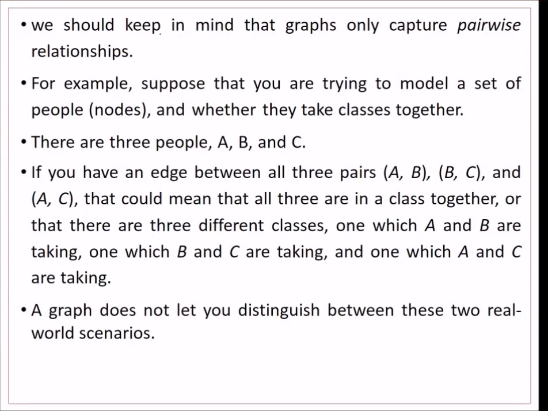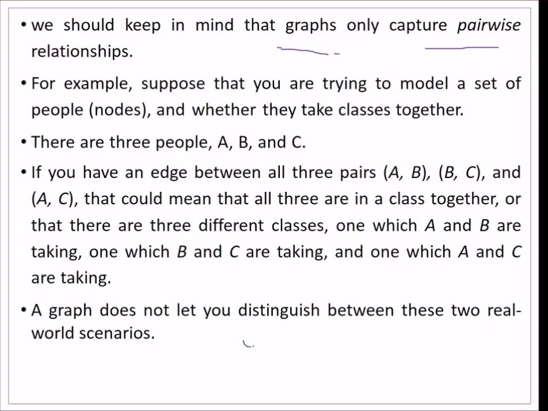One thing we need to keep in mind is that graphs only capture pairwise relationships. These are two nodes, and a pairwise relationship is what a graph looks for. Suppose you are trying to model a set of people, that is nodes, and whether they take classes together or not.